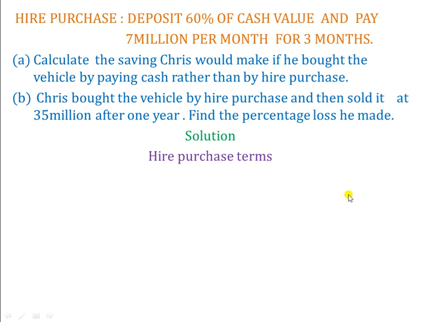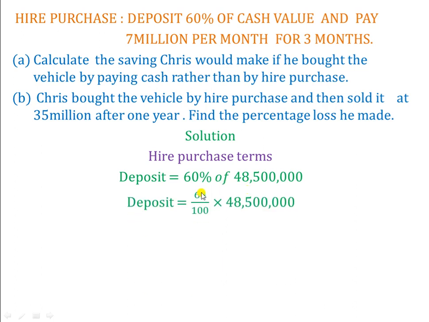Now we're saying on hire purchase terms, the deposit is 60% of 48 millions 500,000. That is as good as 48.5 millions. So this is just another way of writing 48.5 millions. Then 60% is as good as 60 out of 100. Then of in mathematics means multiplication.